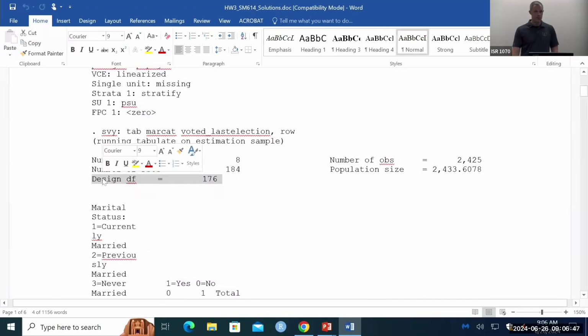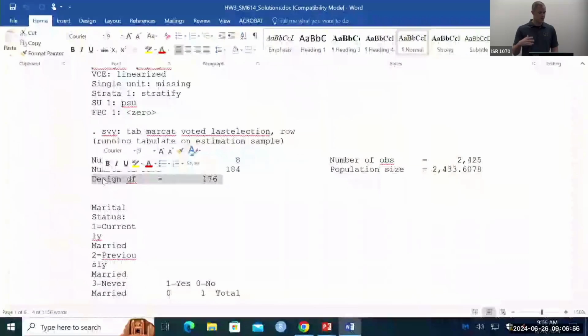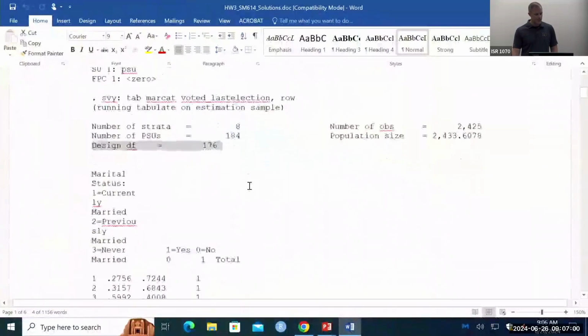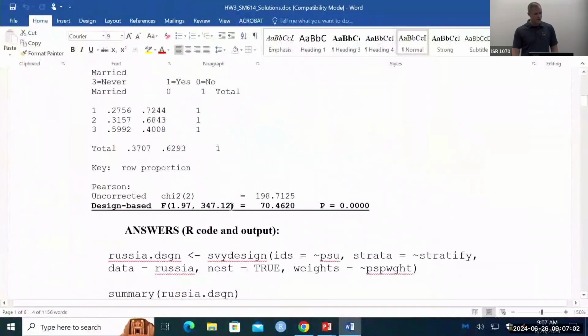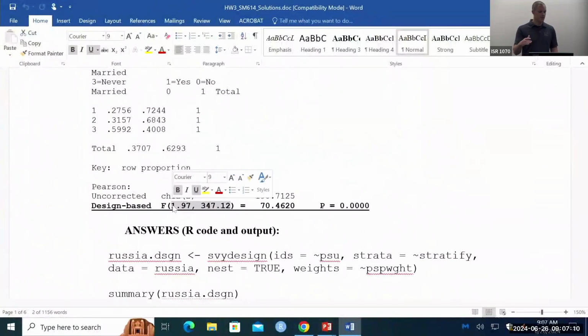That's what we have available for variance estimation purposes. But when we're reporting the F tests that come from those Rao-Scott adjustments and the additional adjustment to the chi-square statistic by dividing it by its degrees of freedom, we actually have 2 degrees of freedom values for that F statistic.